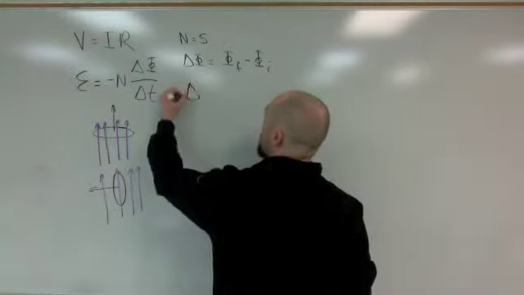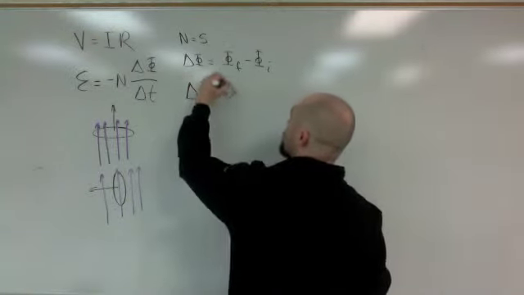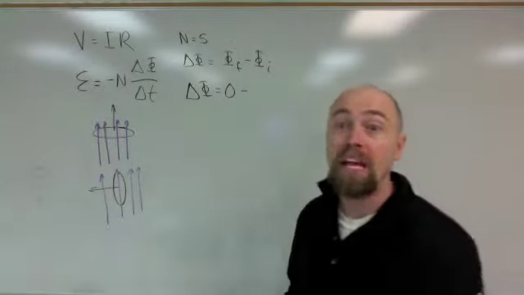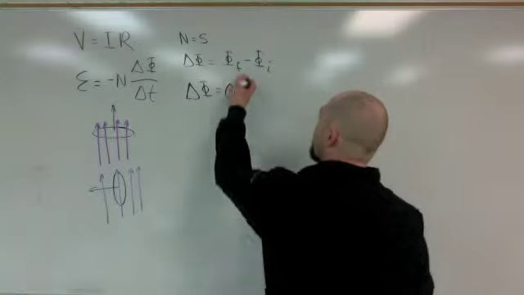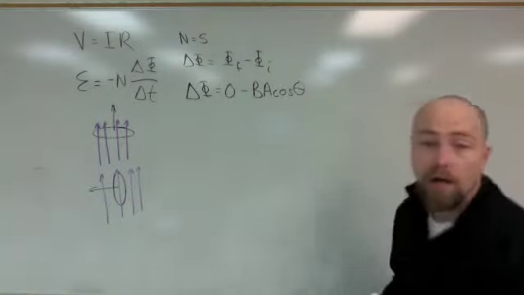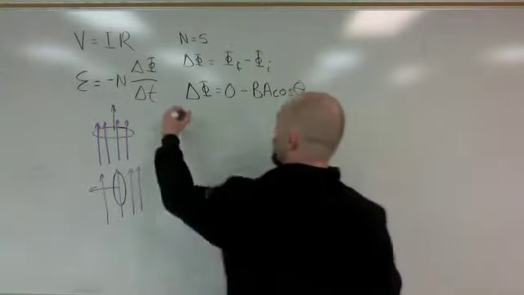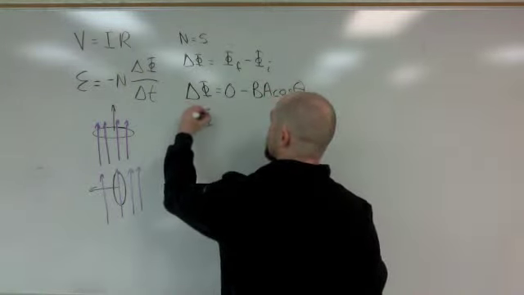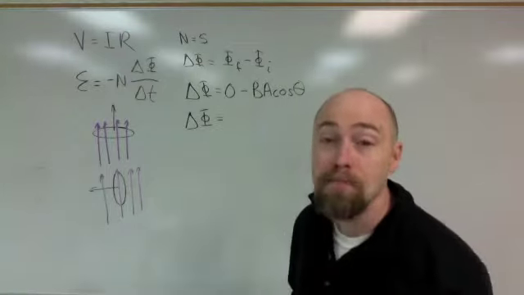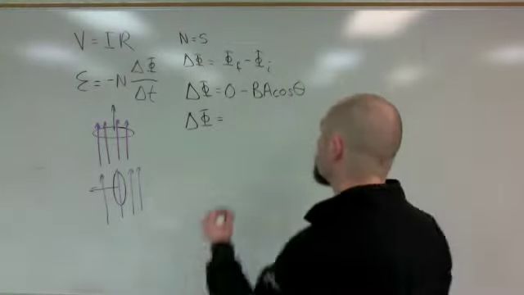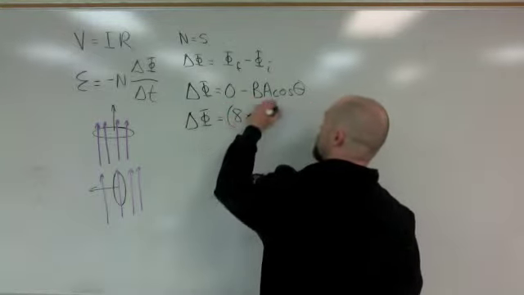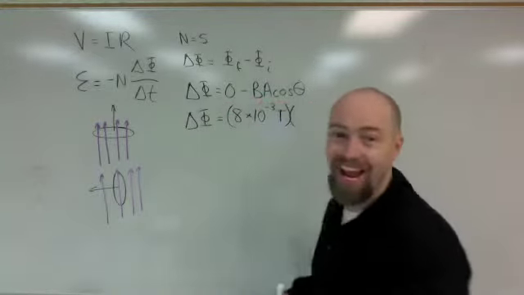So my change in flux is going to be 0 minus, remember the equation for flux is BA cosine theta. So if I want to find my change in flux, it's going to be B, which in the problem was 8 millitesla, which is 8 times 10 to the minus 3 teslas, times my area.